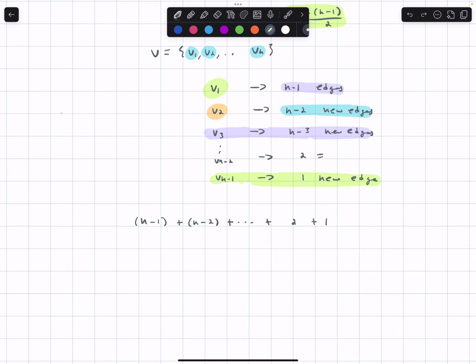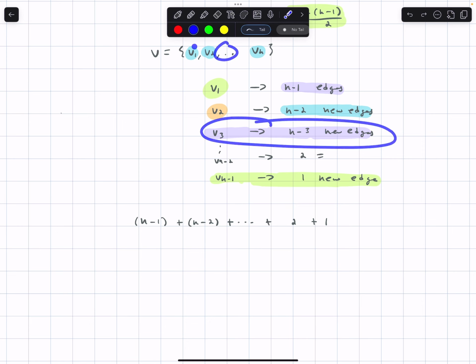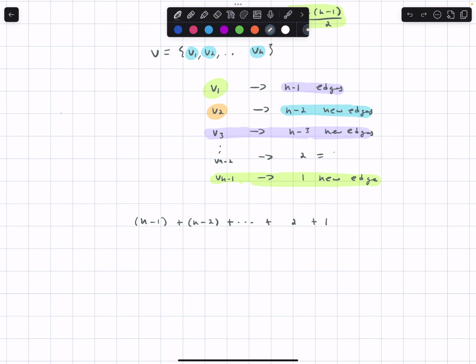So this one was n minus 1, this one was n minus 2, this was n minus 3. The number of edges that you get from each vertex, proceeding in this way, is n minus the vertex number. So this one gives us 2, which is n minus 2. Same thing with 1, which is n minus 1.